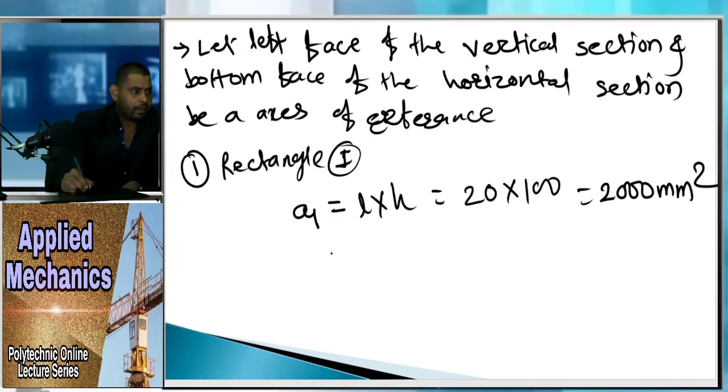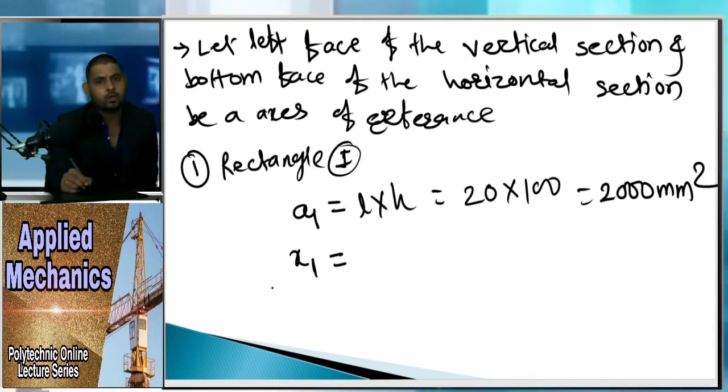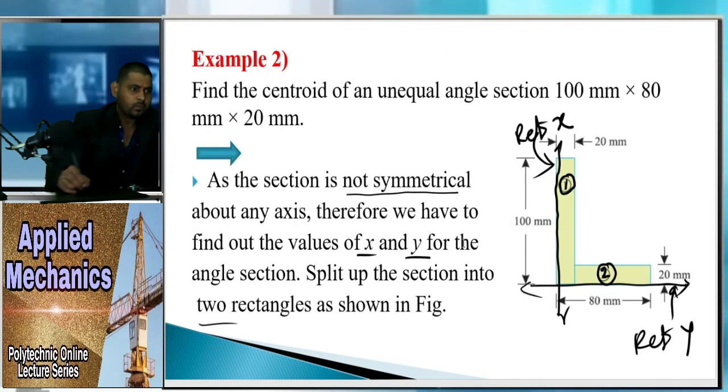After that you have to find out the x1, because this is not symmetrical. So you can see here, x1 from here, this is the bottom or the reference line. From here to here our length is 20.